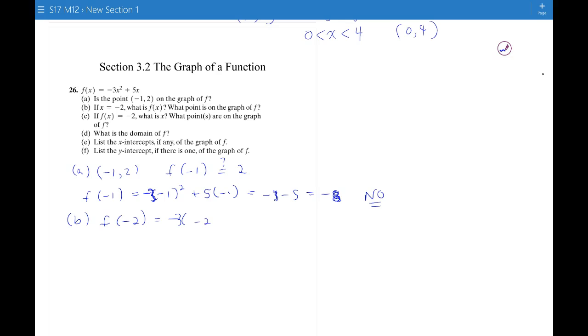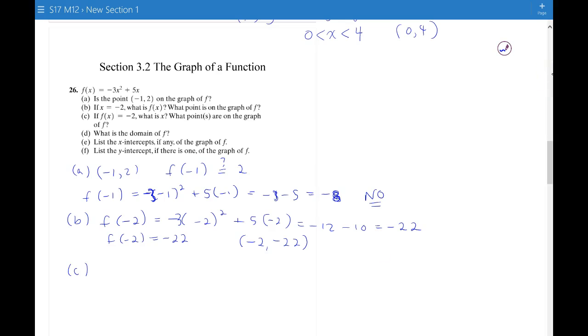So if I have -3 times (-2) squared plus 5 times -2, I have -12 minus 10, or -22. So f of -2 equals -22. So the point on the graph is (-2, -22).